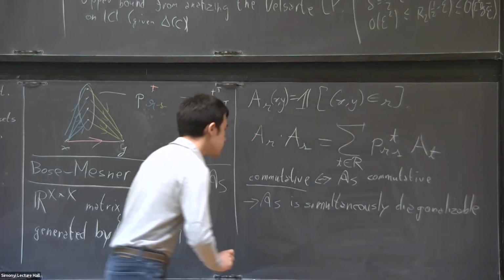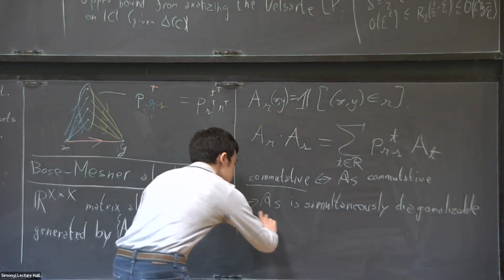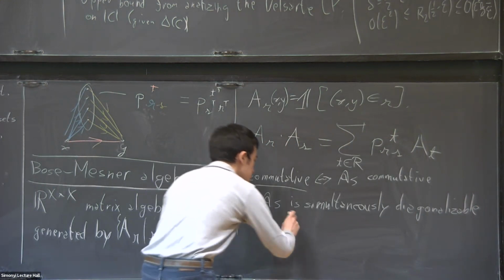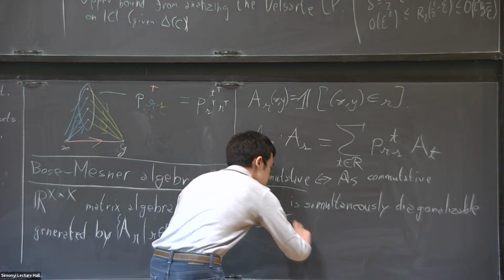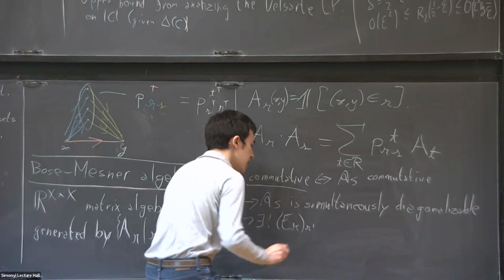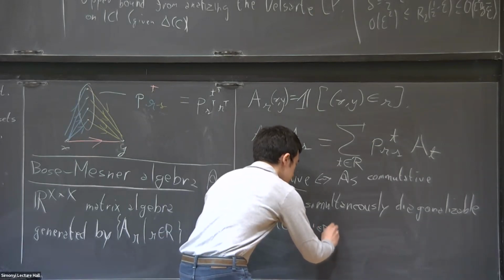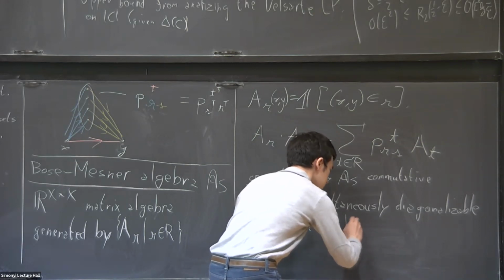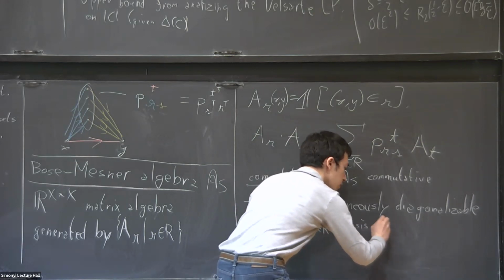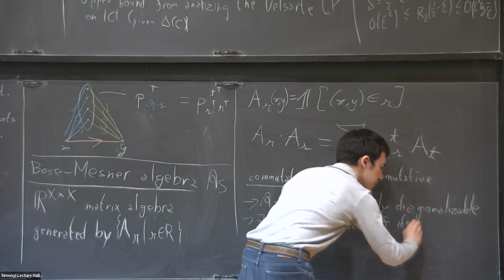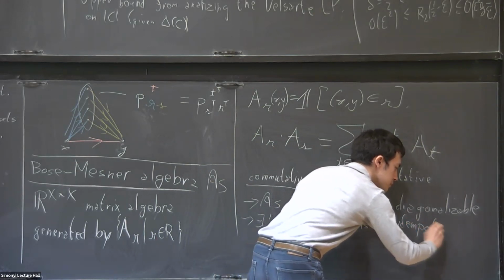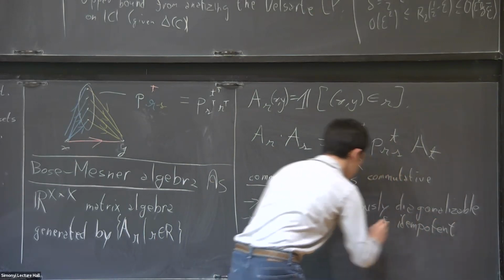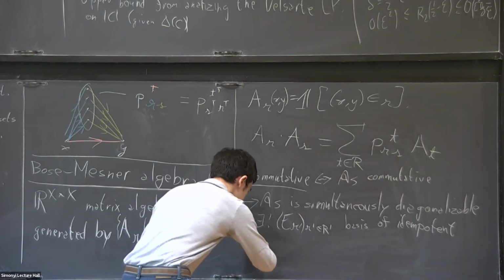What we're going to do is we're going to say there exists, unique up to permutation, a basis E_R' of idempotent orthogonal matrices.